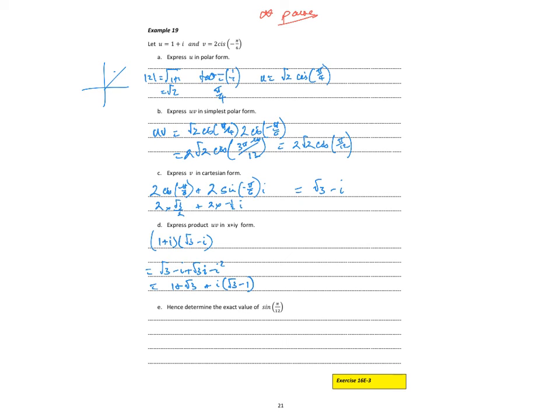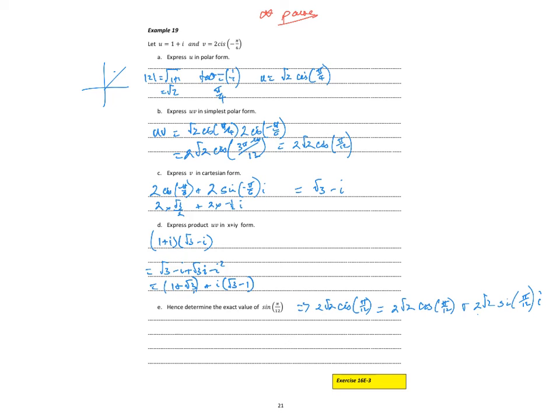Hence determine the exact value of sine pi on 12. Interesting. Is there an expression on this page that has sine pi on 12 in it? If we go up to 2 root 2 cis pi on 12, that is equal to 2 root 2 cos pi on 12 plus 2 root 2 sine pi on 12 i, isn't it?